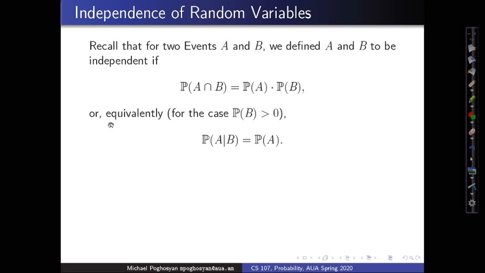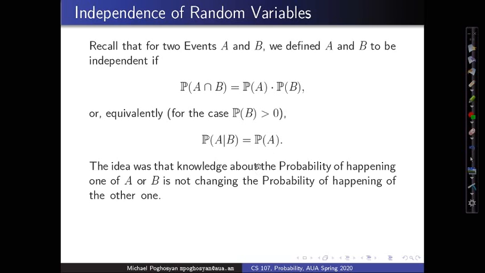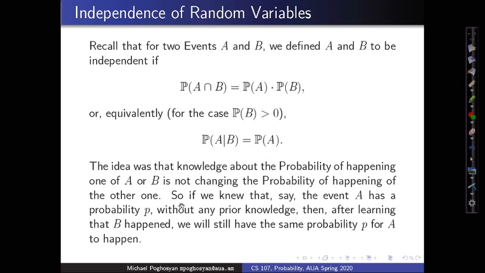Or in an equivalent manner, we can define it in the following way, in the case when the probability of B is non-zero. So A and B are independent if the conditional probability of A given B is the probability of A. So the idea is that knowledge about the happening of one of A and B is not changing the probability of happening the other one.